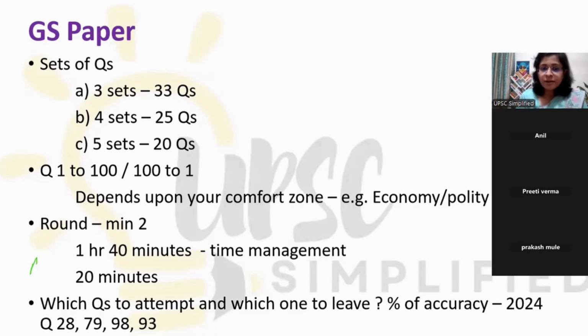Hard category questions: we feel that there will be 10-12 questions which are in the very, very hard category. Some students attempt 100 or 98 or 96. I personally believe that there will be 4, 5, 6 questions definitely in this paper which somebody is not able to do, depending on the preparation level. So it has to be your call.